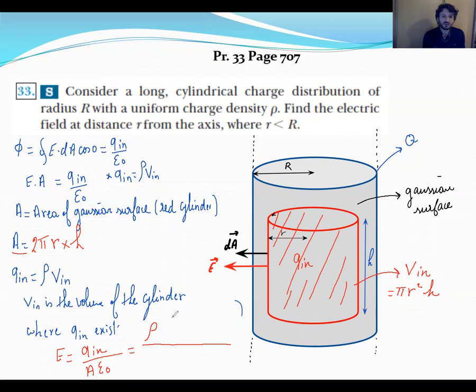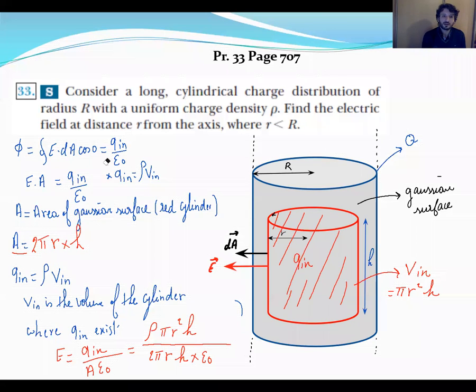Okay, so here we have rho times the volume Vn equals pi r square times h, divided by A, which is equal to 2 pi r times h, times epsilon 0.